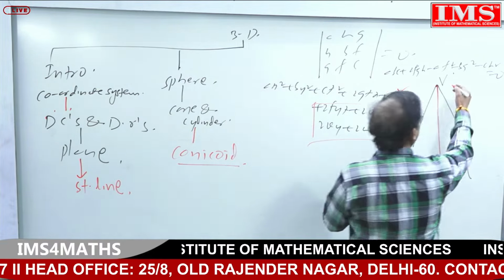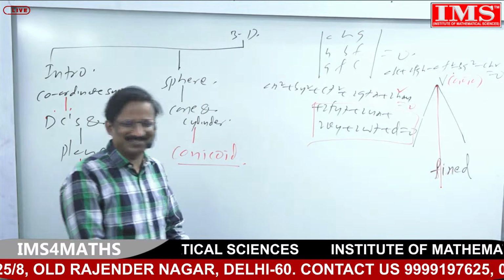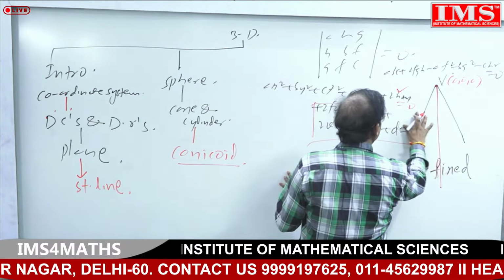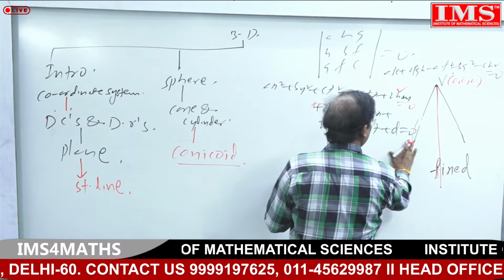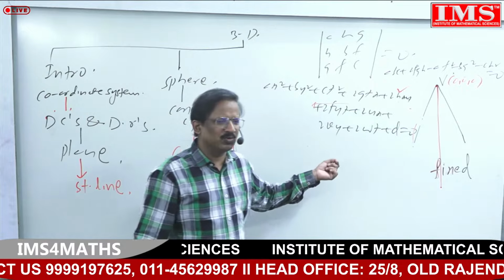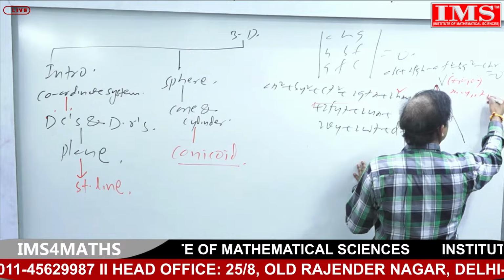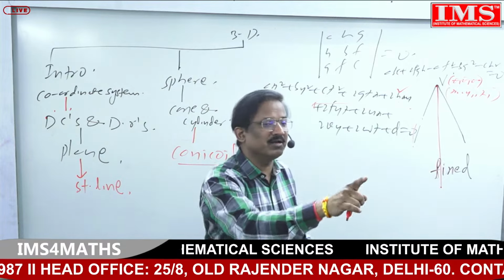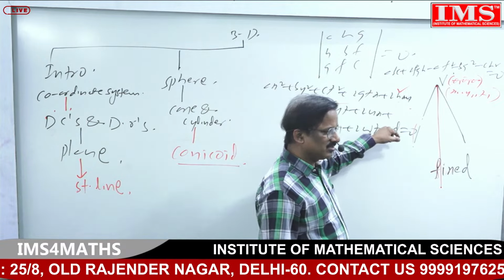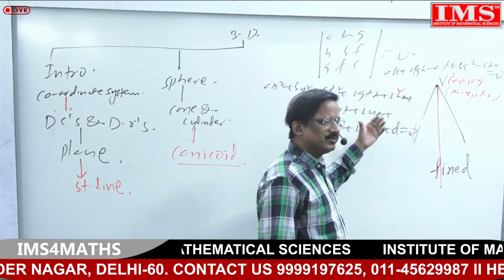But how that is, I'm not able to say right now. And if I take the whole equation, it may also represent a cone with vertex at a non-origin point, maybe x1, y1, z1. Carefully mind here. In the case of the cone, it is enough to discuss only the homogeneous condition.